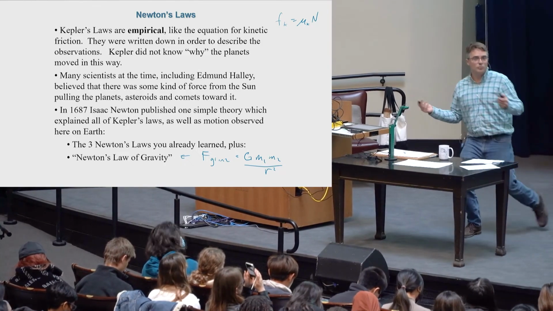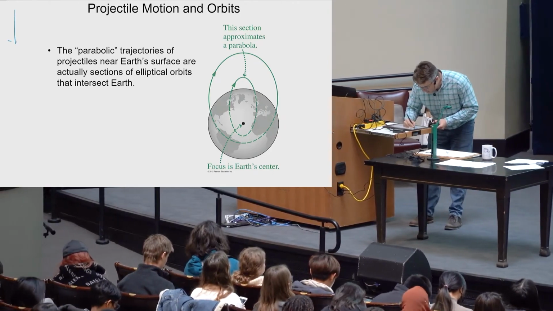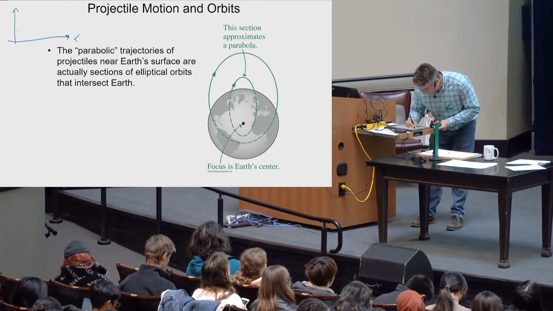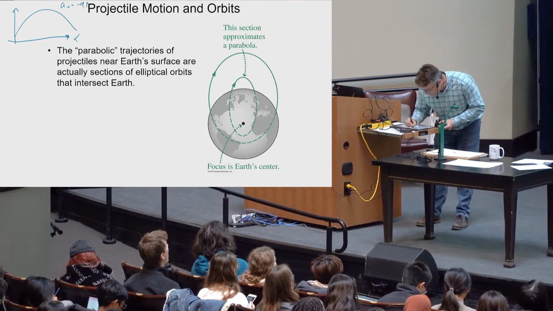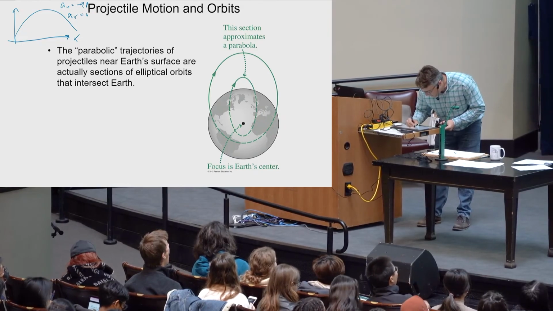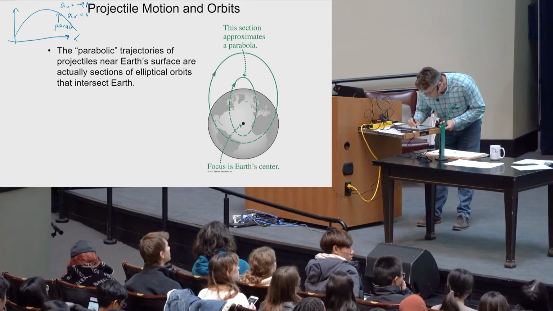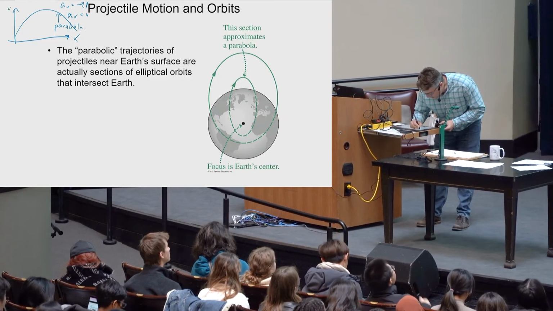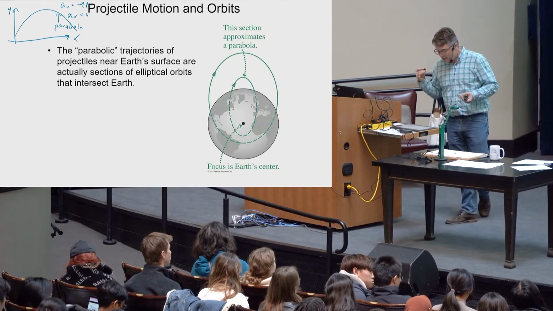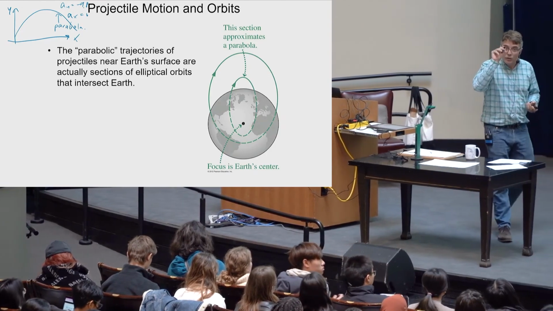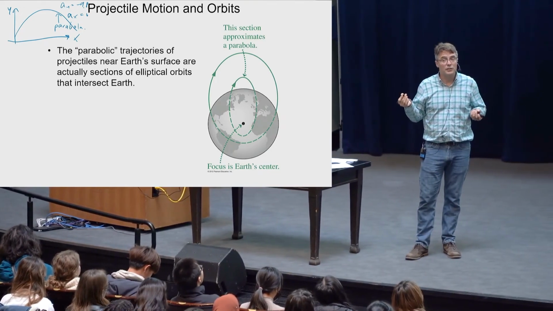And how does this all relate to what we've been doing? Well, when you do projectile motion with this x and y, and you've got a sub y is negative 9.8, and a sub x is 0, this path is called a parabola. If you look at y versus x, it's a parabolic path. And an ellipse, if you really zoom in on one portion of an ellipse, you get what is very close to a parabola.